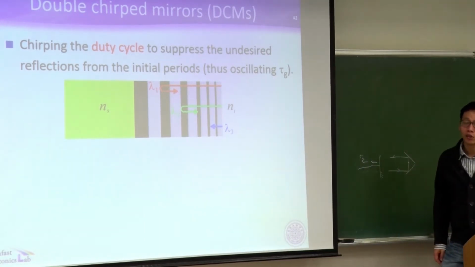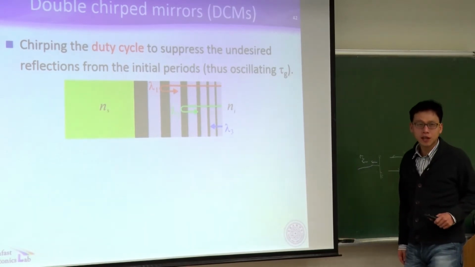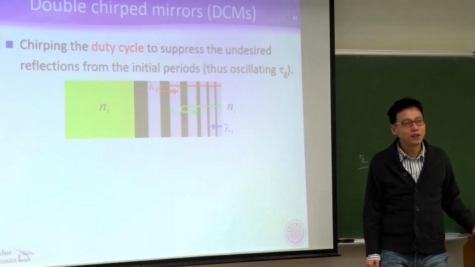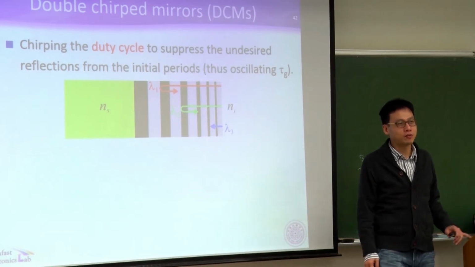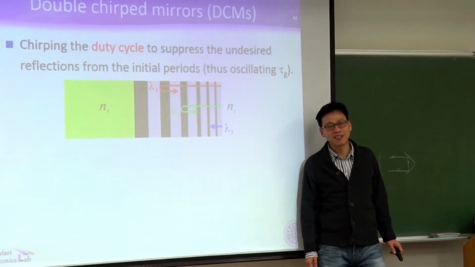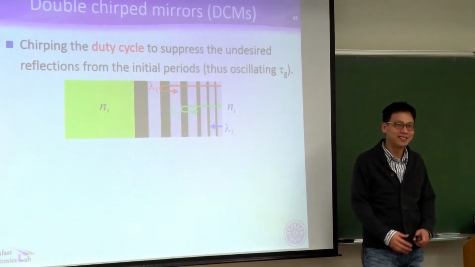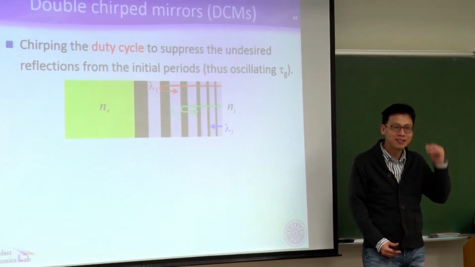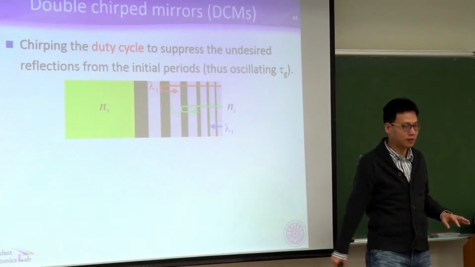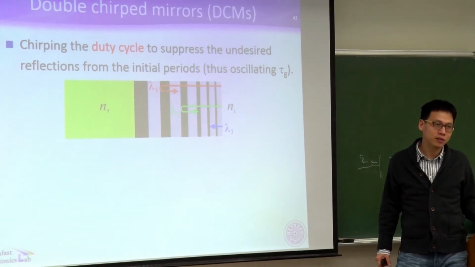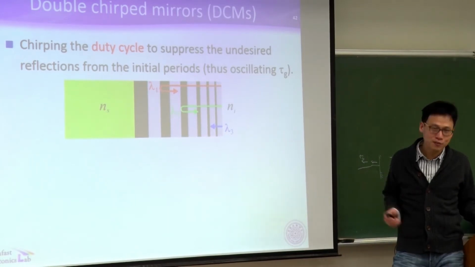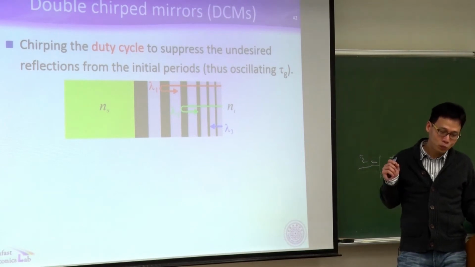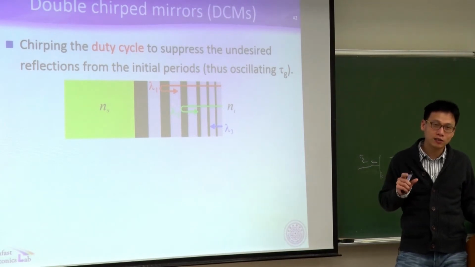But why do we need to chirp the duty cycle as well? What is the impact of chirping the duty cycle? If you think about the standard DBR, you should identify that the working principle of DBR lies on the quarter wave thickness.